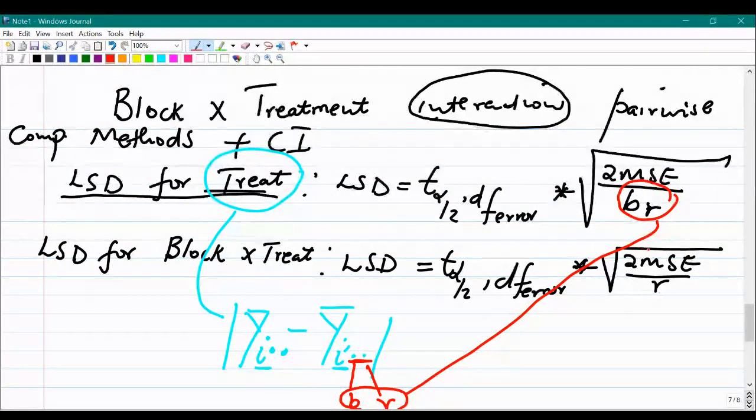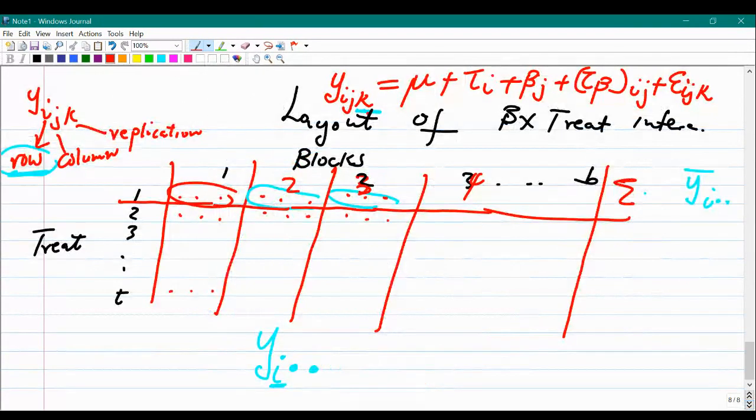Now, if we want to find again the LSD for the blocks by treatment interaction, you see, we're dividing by R. Why are we dividing by R? Here's the reason. Why not B? Why not TR? Your focus now is on what? Y_ij dot. Remember these values.